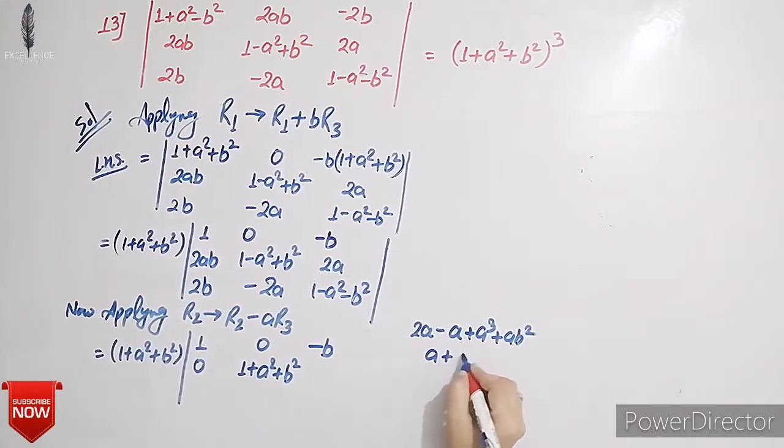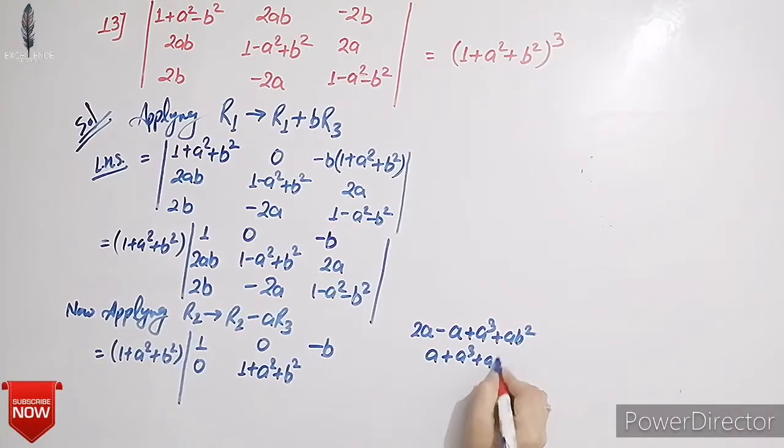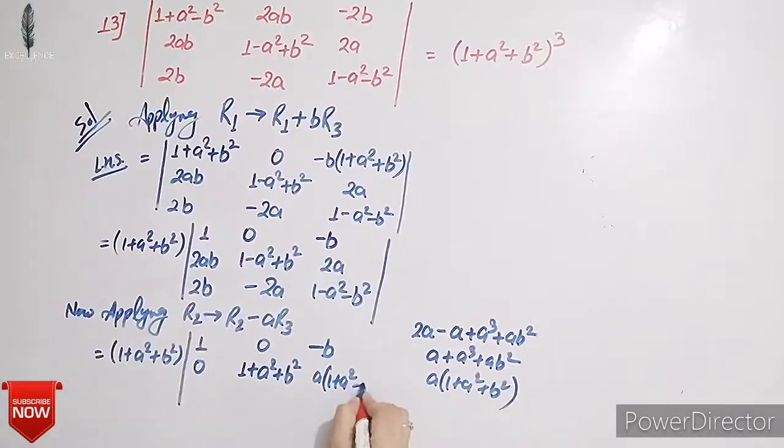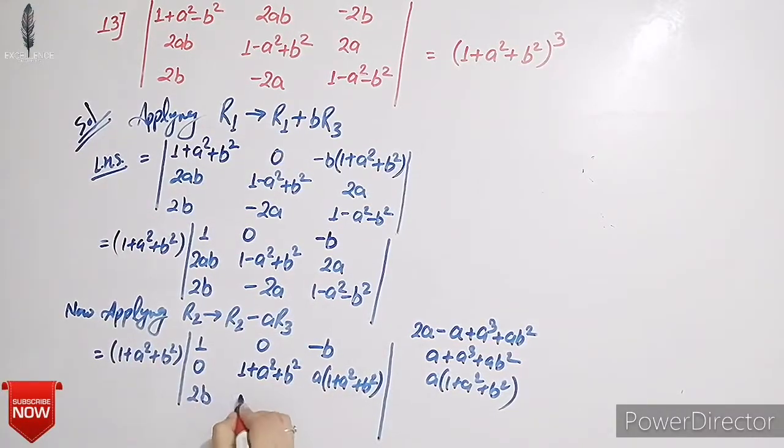So here we have a plus a cube plus ab square, a common, then we have 1 plus a square plus b square. Put this value here, a into 1 plus a square plus b square. And R3 is same, that is 2b, minus 2a, and here 1 minus a square minus b square.